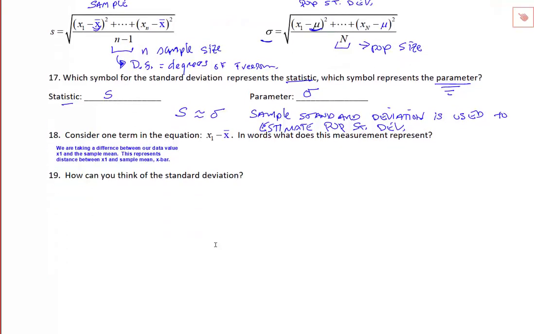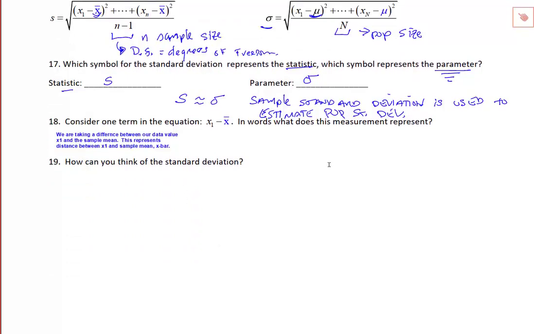Okay, so how can we think of the standard deviation? Well, if you look at this, we are taking a difference, then squaring it, then adding them up, then dividing by n minus 1. When we square like this, these are called squared differences.